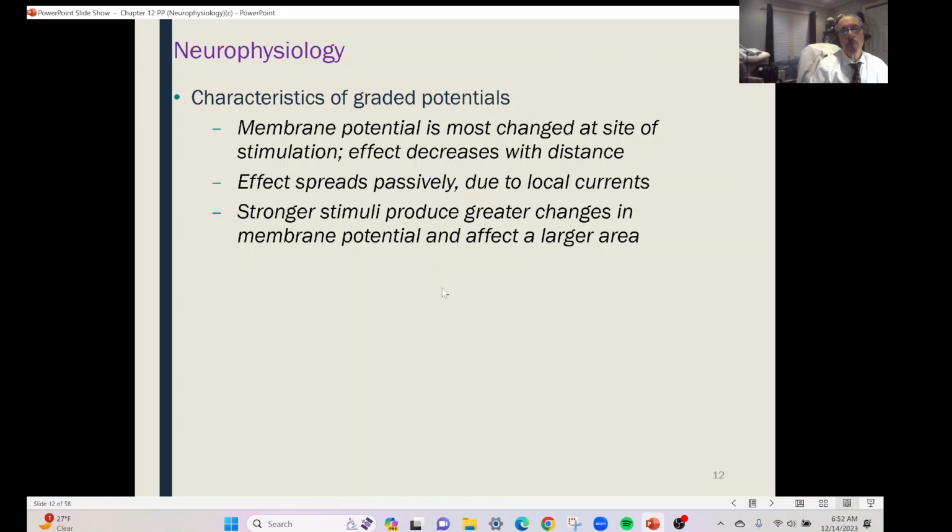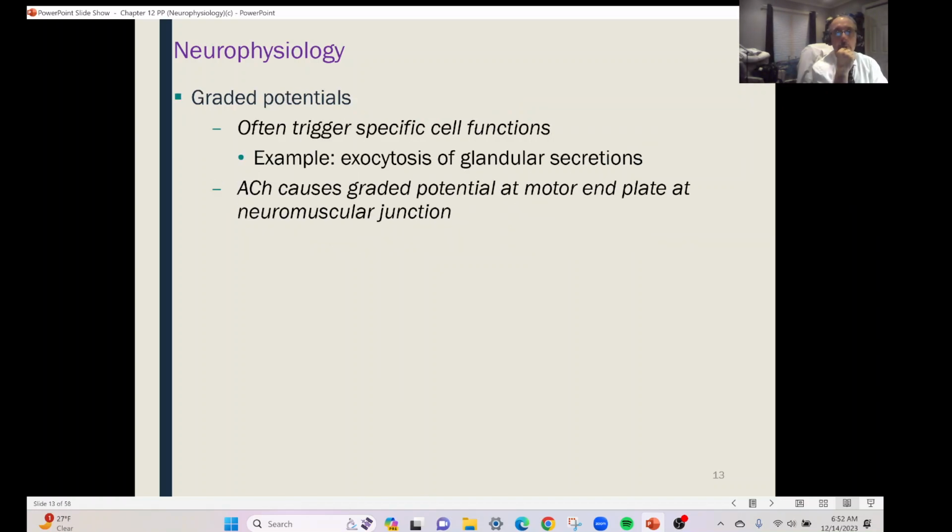And as I think I said before, a stronger stimulus will produce a greater change, and a lesser stimulus will be a lesser change. So a stronger stimulus will have a greater change and again affect a larger area of the cell membrane. Greater potentials often trigger specific cell functions. For example, they could do exocytosis of glandular secretion, so causing a gland to release its product.